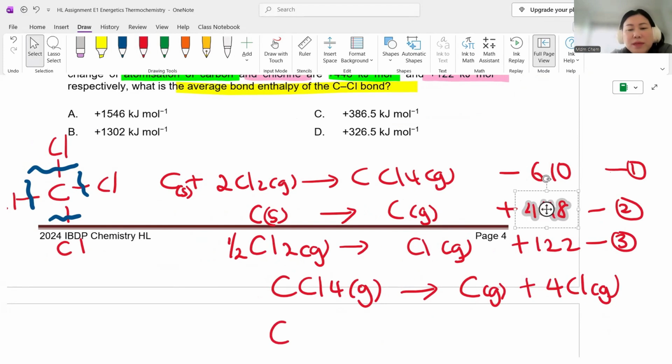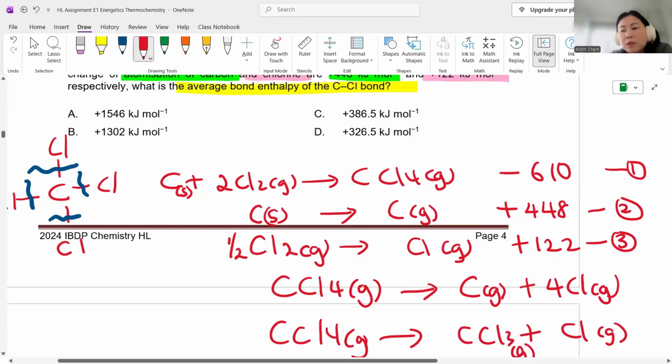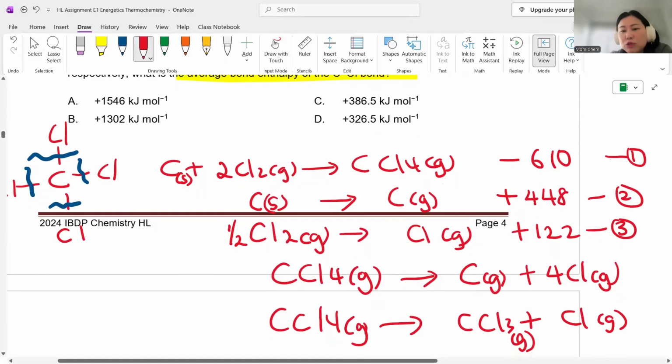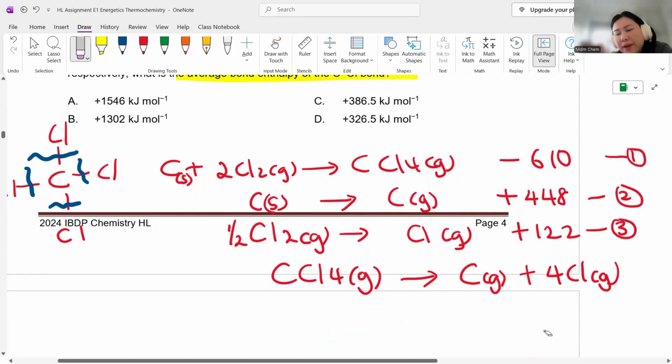Then you might say, oh madam, then do this, then break 1 bond. Yes, break 1 bond. But is this average? No, it's not average. And also, there's no common term CCl3 to match. You can try and see, you get the same answer, but I would prefer to do it this way.